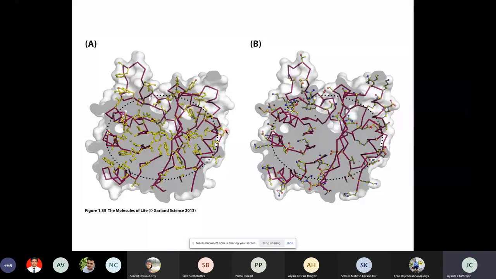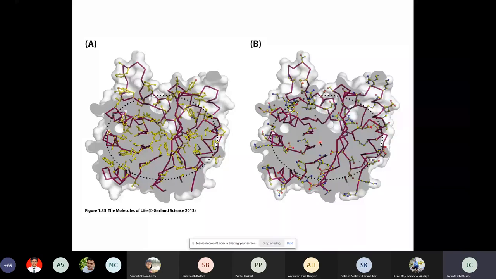It's not that the hydrophilic amino acids are not present in the core. Here you can see that the hydrophilic amino acids are also present in the core, but look at the voids. There are large voids. It's the same protein. Only on the left, you are seeing the hydrophobic amino acids present on the polypeptide chain, and on the right, the polar amino acids.